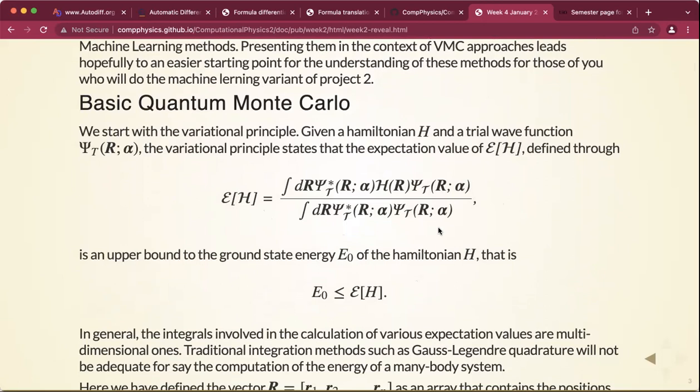And what you see here is formally the quantum mechanical definition of it. And we are assuming now that you've seen this kind of definition before. And this leads to the usage of something which is called the Variational Theorem, which plays a very important role because we do not have the exact solution to the problem.